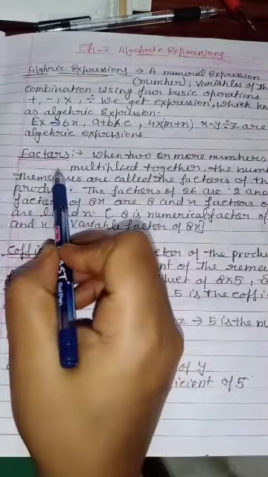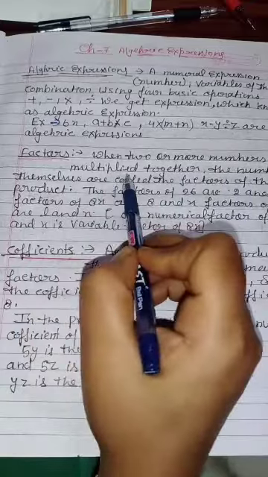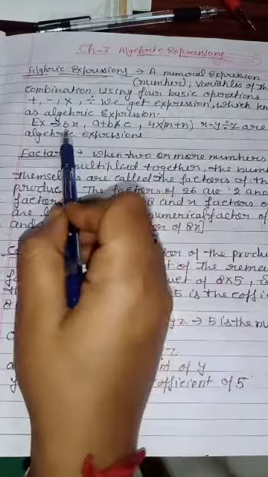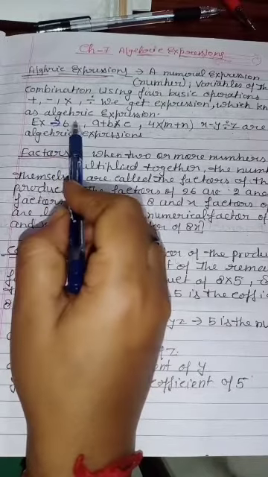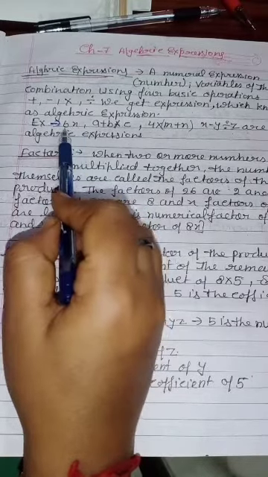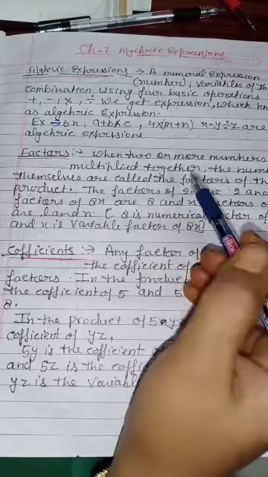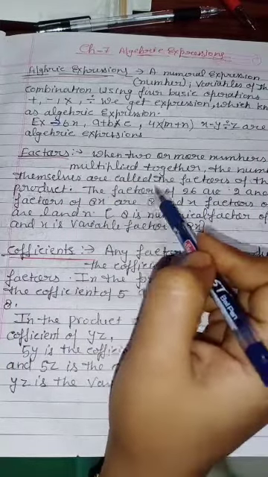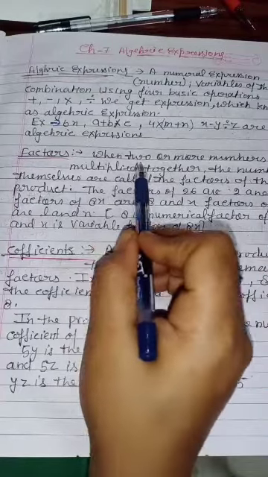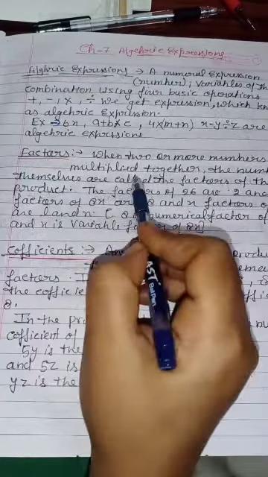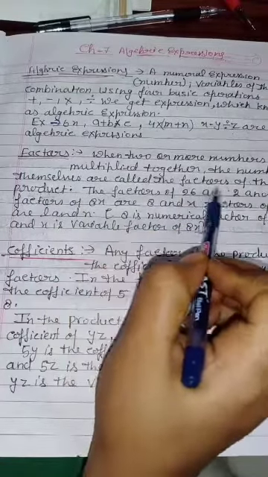Then what are factors? Factors means when two or more numbers are multiplied. In the example, 6x is a multiplication of 6 and x, so 6 and x are the factors of this term. When two or more numbers are multiplied together, the numbers themselves are called factors of the product.